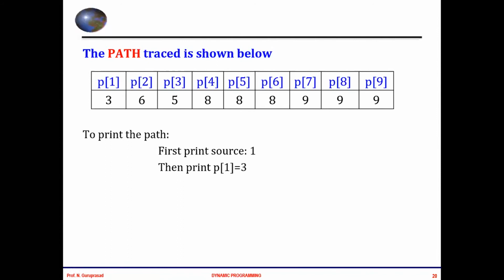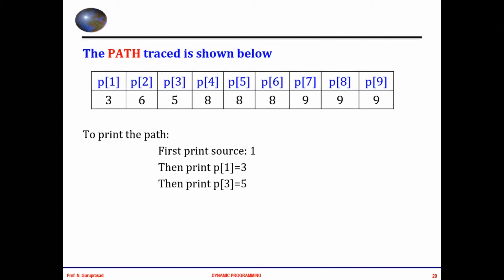Once you write the source vertex 1, from the table, take the value of P of 1. As you said, it is 3. Take this 3, right, and tell the value of P of 3. 5, right? So P of 3 is equal to 5.